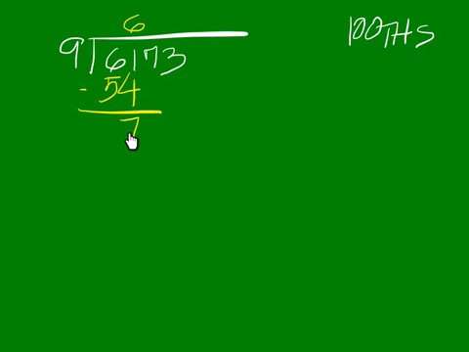The difference is 7. What do I do next? Bring down the 7. So now we want to see how many times 9 will go into 77 without going over. 8 times, which is 72. Subtract and get 5.